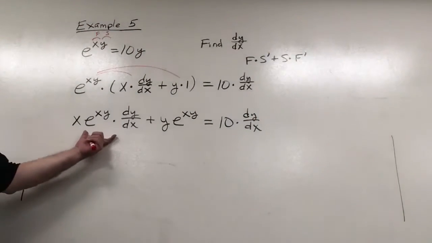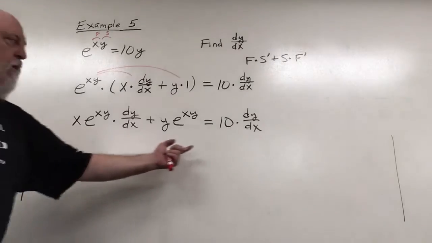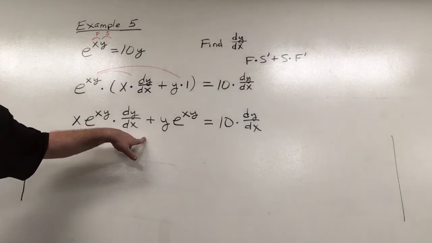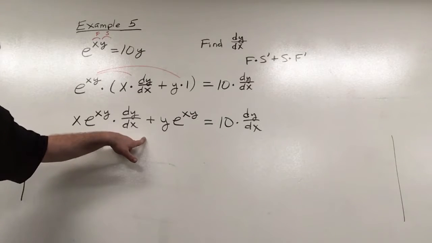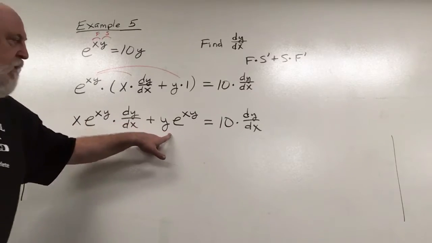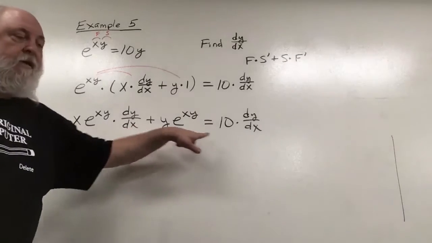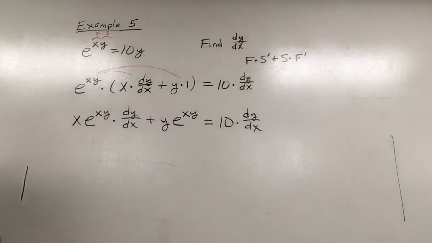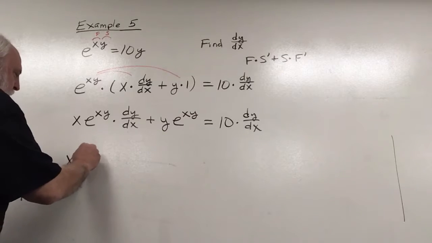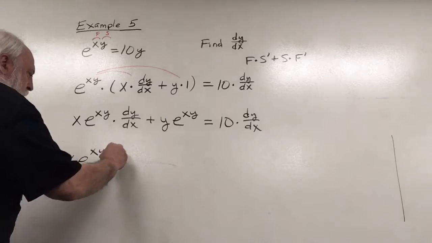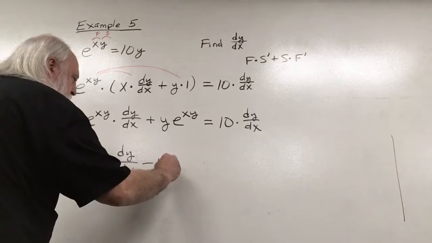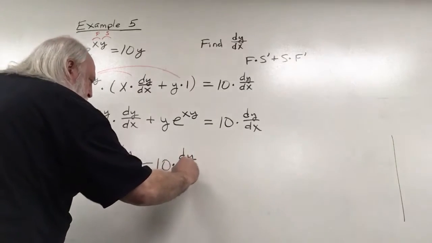So now you see we've got a term on the left with dy over dx and a term on the right with dy over dx. So we can bring this term on the right over to the left by subtracting it from both sides. And then we have this term without dy over dx, and we can move it to the right-hand side by subtracting it from both sides. So when we perform those two subtractions, we have x times e to the xy times dy over dx minus 10 times dy over dx.